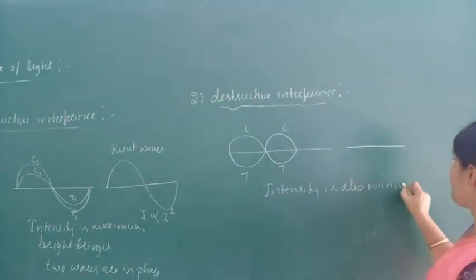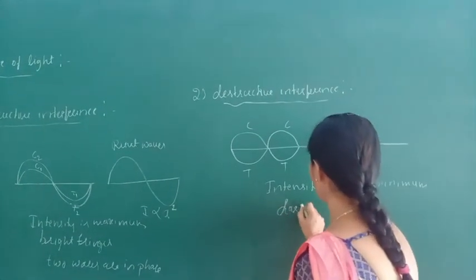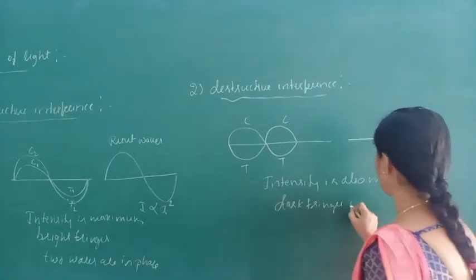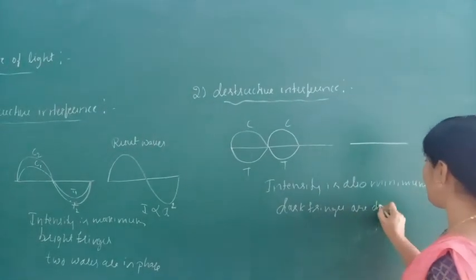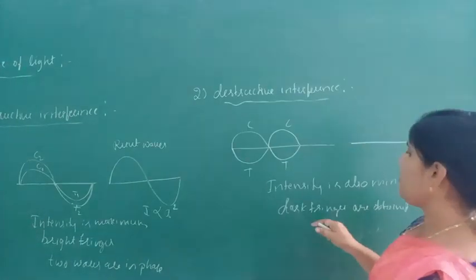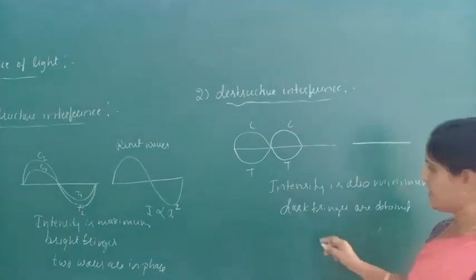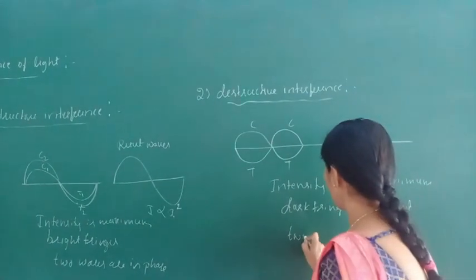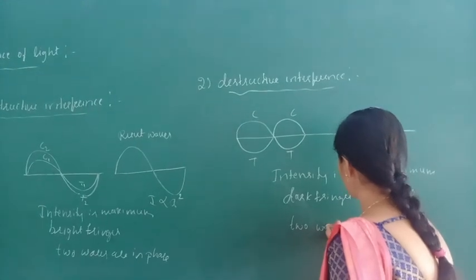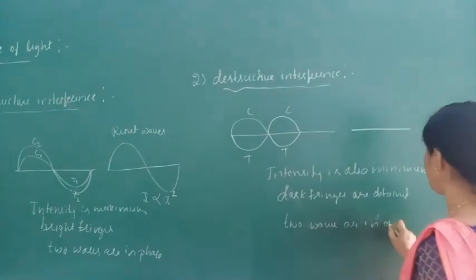So dark fringes are obtained during destructive interference. The two waves are out of phase.